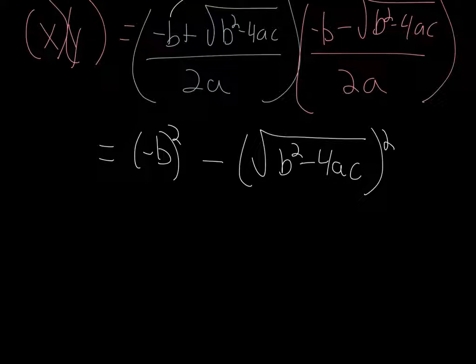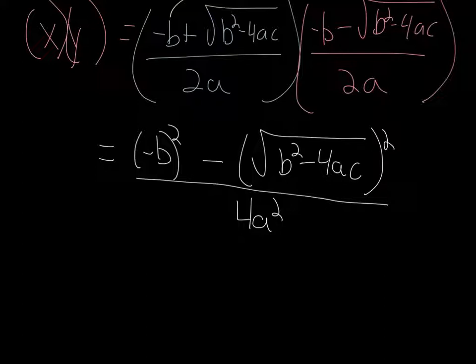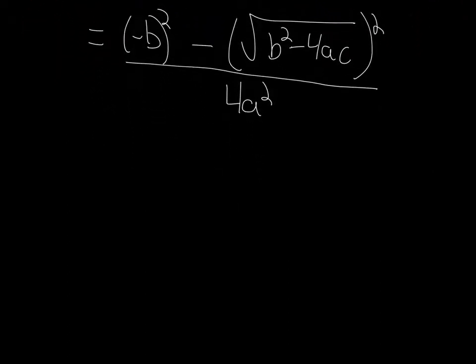When multiplying denominators, we're just going to multiply straight across. So 2a times 2a is going to leave me with 4a squared. Now we're working with this simple equation. Since there is a square root that is being squared, the square root of a square is just what is underneath the radicand.